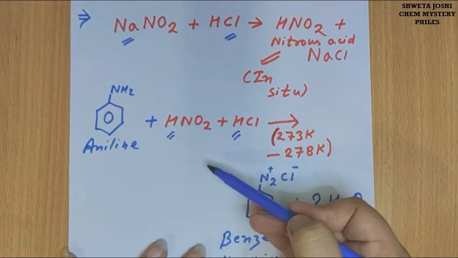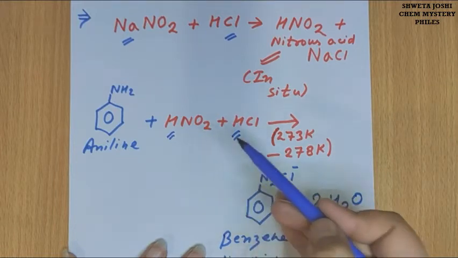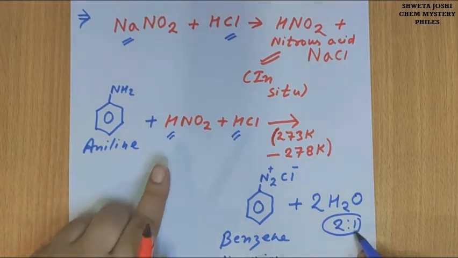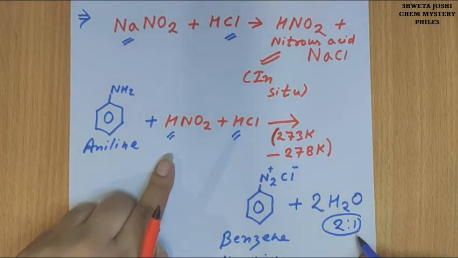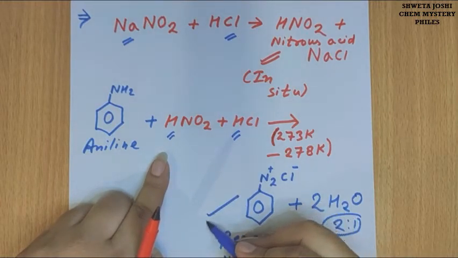So overall you have 4 hydrogen atoms and 2 oxygen atoms. Water molecules will be formed according to the number of oxygen atoms, as the ratio is 2:1 in case of water. So whatever be the number of oxygen atoms on the reactant side, the same amount of water will be formed on the product side.